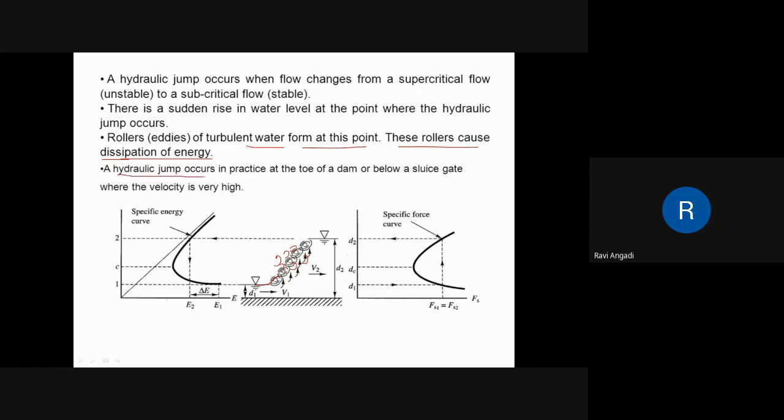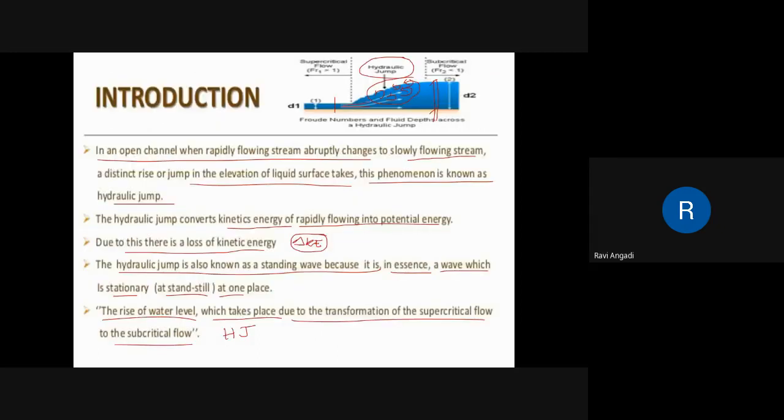A hydraulic jump occurs in practice at the toe of the dam, or below the sluice gate where the velocity is very high. You have seen this in a previous slide, at the toe of the dam. Toe means the bottom of the dam.